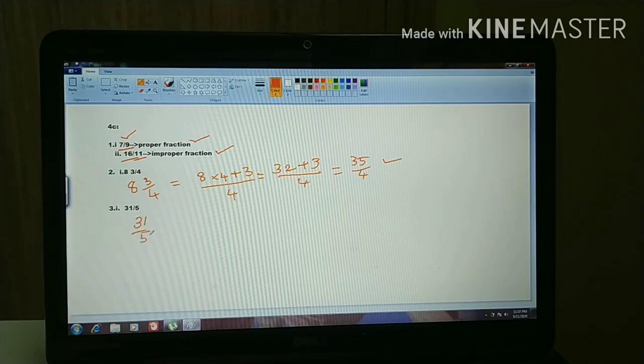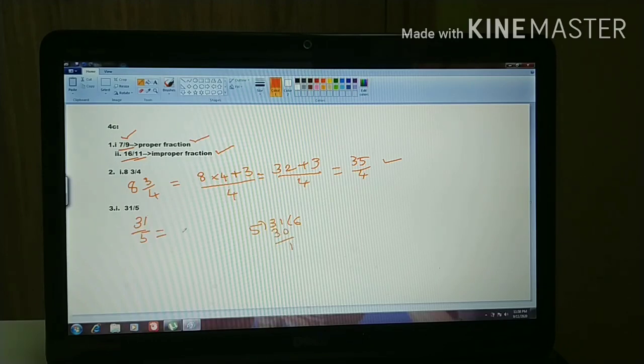To convert into a mixed fraction, we have to divide the numerator with the denominator first. So with 5 I am dividing: 5 6s are 30. You are getting remainder as 1.